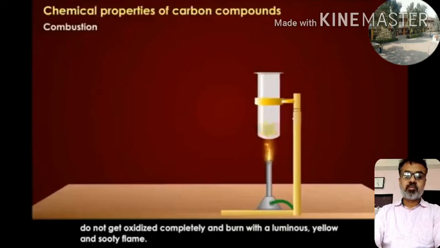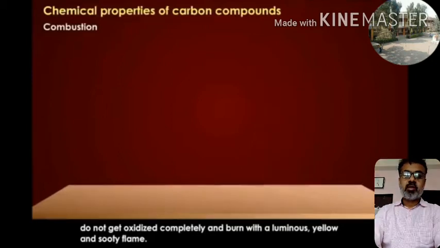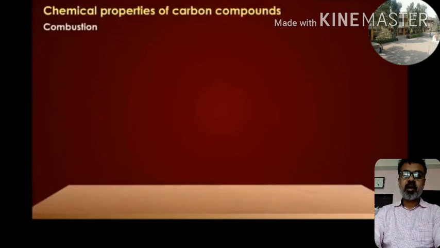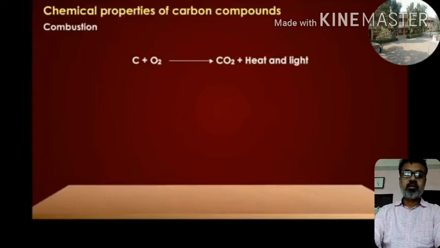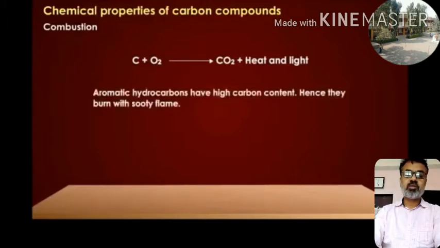If you see the reaction of carbon with oxygen, it gives carbon dioxide plus heat and light. C plus O2 gives CO2 plus heat and light. This is the combustion of carbon in the presence of sufficient oxygen. Aromatic hydrocarbons have high carbon content, hence they burn with a sooty flame.